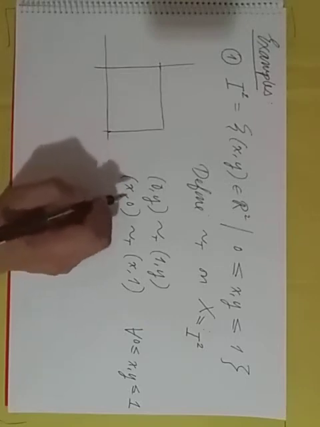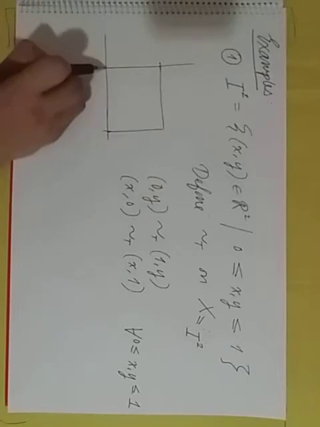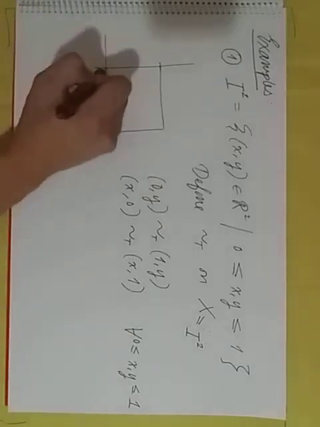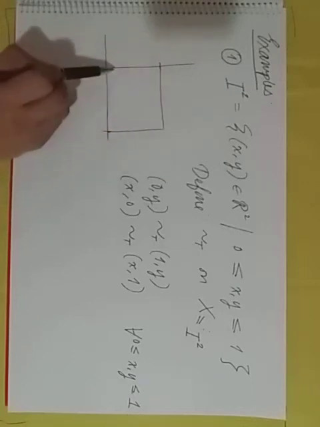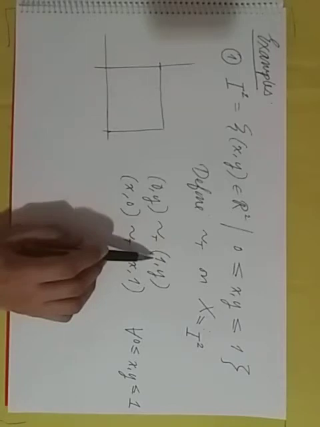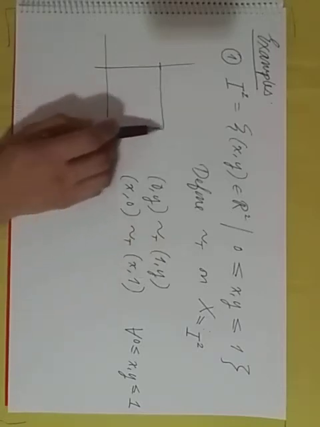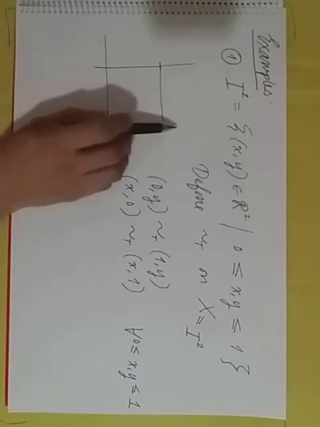Tapos, so ano itong mga points na to? 0 si x, and y can vary. Y can vary from 0 to 1. So ito yung mga points na yun, yung mga points dito sa line segment na to, end to end. Ito namang 1y, they are points on this line segment.